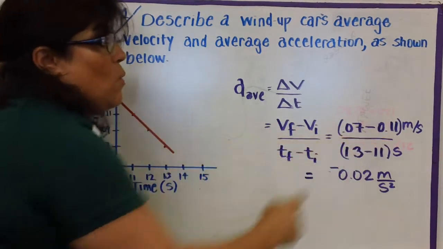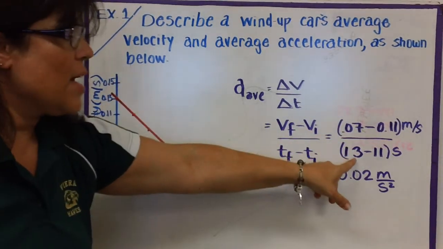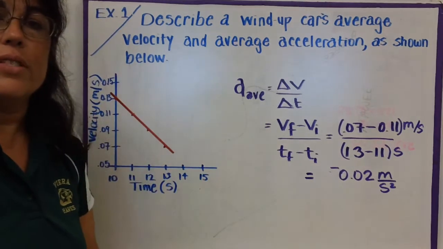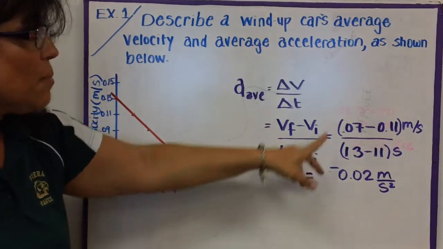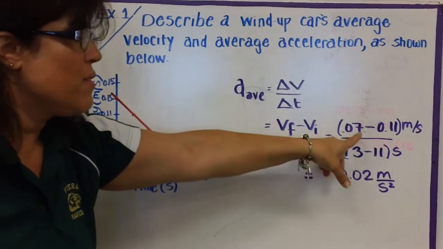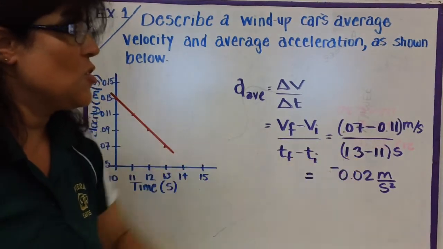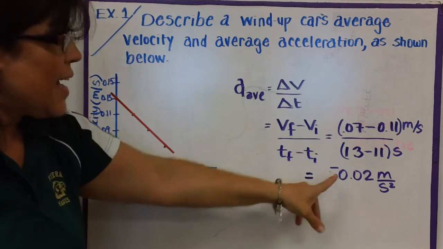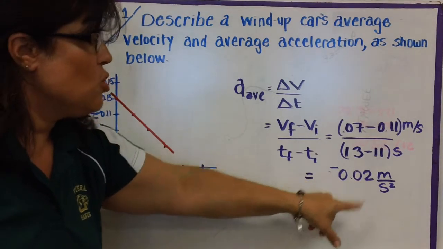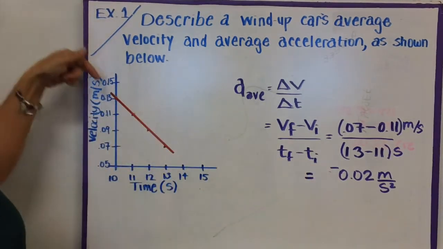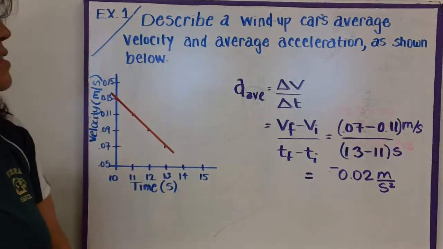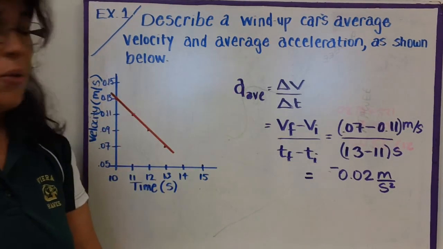My change in time is 13 seconds minus 11 seconds. On my calculator, I do 0.07 minus 0.11, divided by 13 minus 11, and I end up with negative 0.02. This negative tells us we have a negative slope. It means that this object is slowing down.